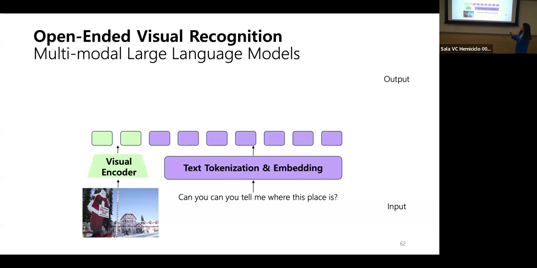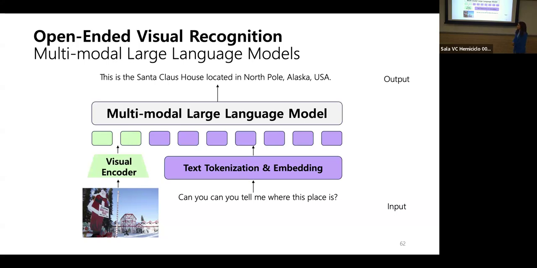We can do the same with textual information using a text tokenizer and then an embedding layer. We concatenate both branches of information and pass it through a multimodal large language model. This is an autoregressive transformer that can generate text conditioned on the input that we are passing through the model.